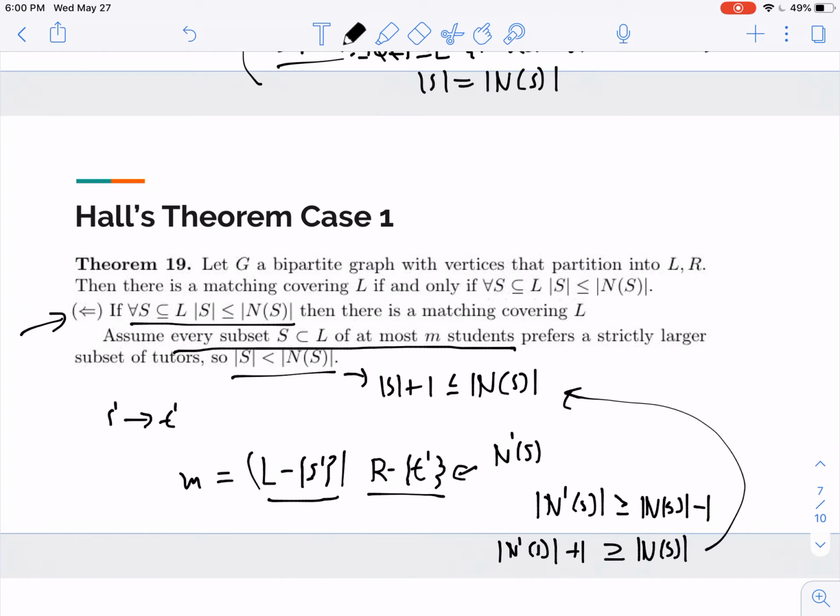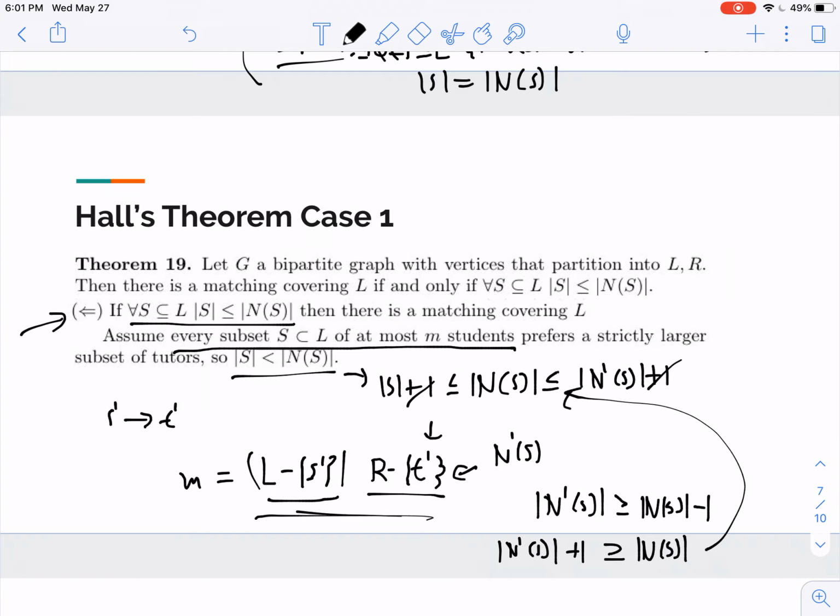So now, putting these inequalities together up here, we write that the number of students in a set plus 1 is less than or equal to the number of tutors they prefer out of the remaining tutors, minus T prime, plus 1. So we get rid of the ones on both sides, and now we have the relationship that we want to have, right? Now we know that every group of students prefers at least as many tutors in our new graph.